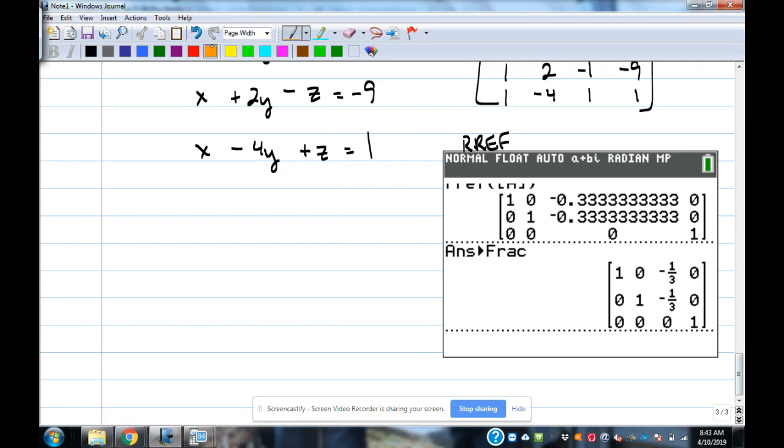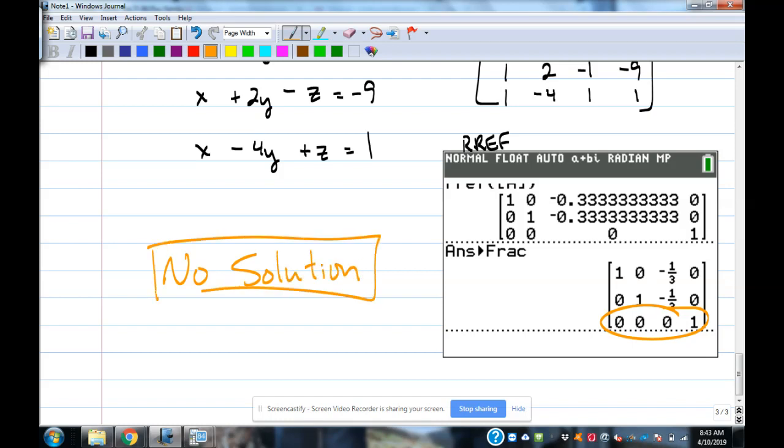That right there says no solution. Remember that the math word for that is inconsistent. So make sure you remember that too. Okay.